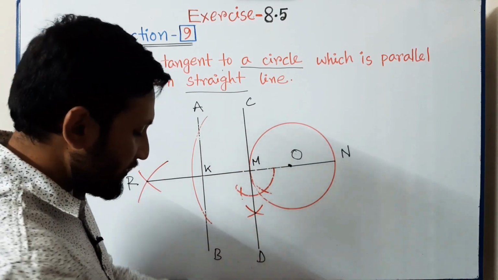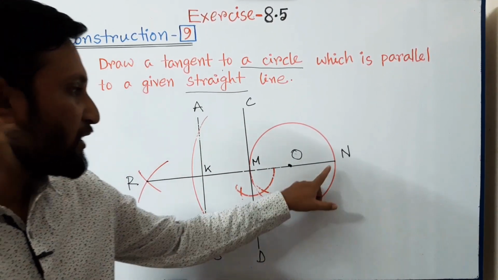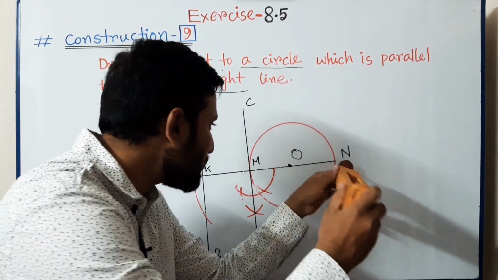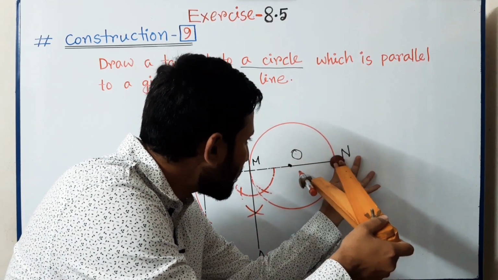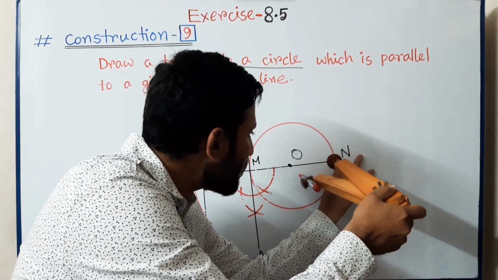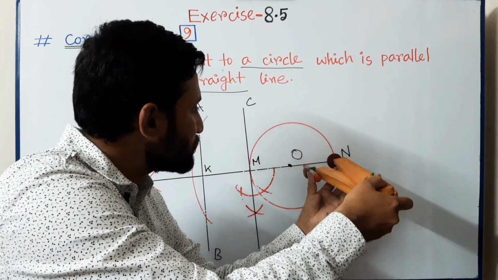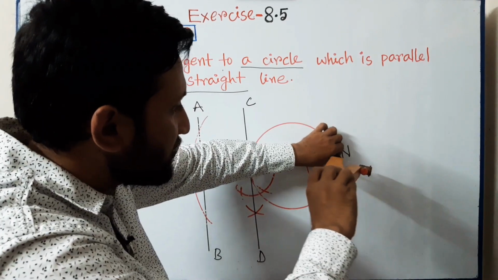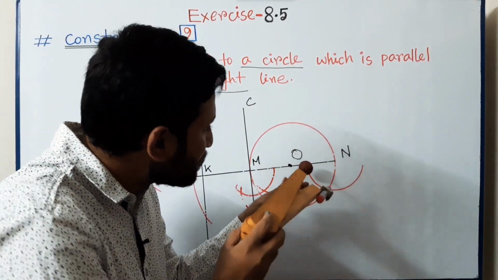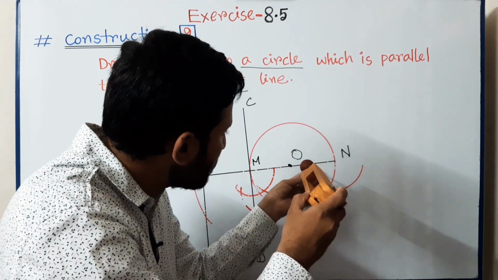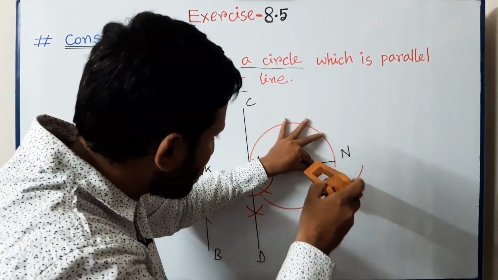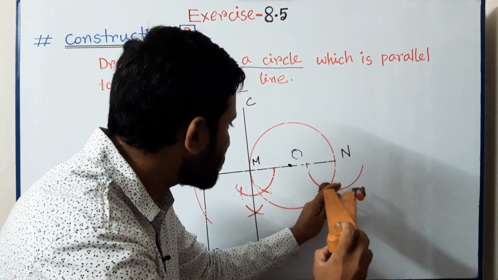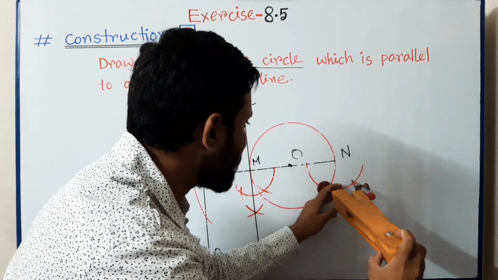Again, similarly draw another perpendicular on the point N. So how to draw? At first, similarly set the compass on the point N. Now draw an arc here. Again in the same radius part this arc in two portions, first portion and second portion.